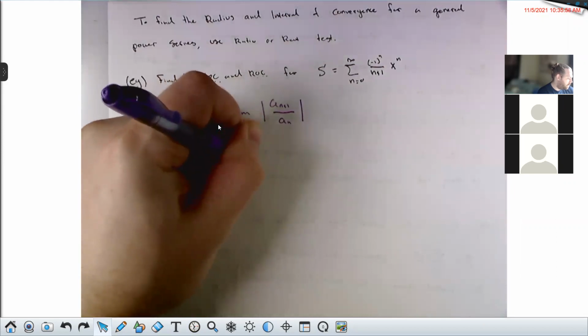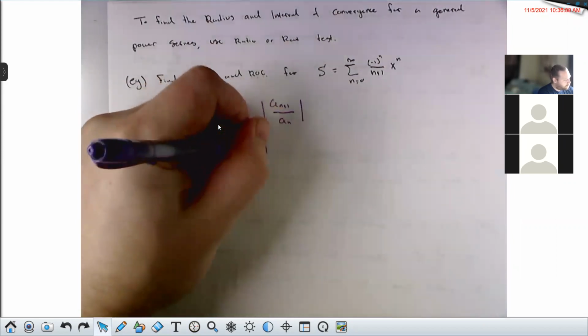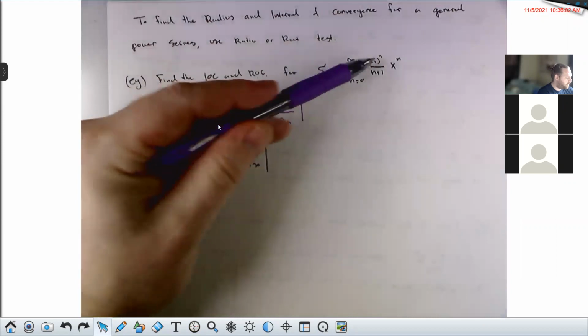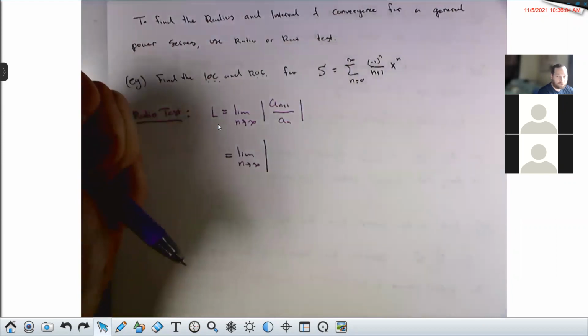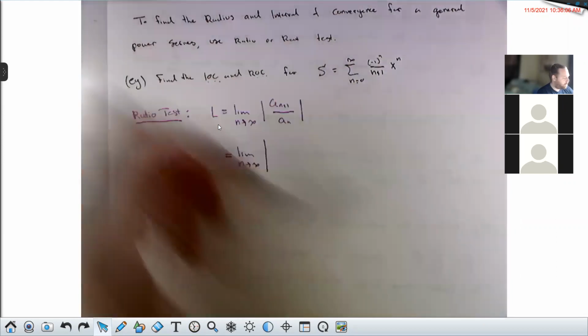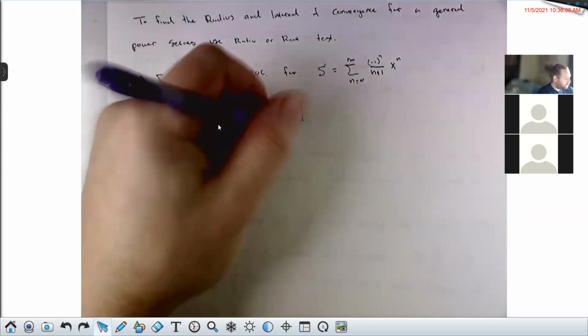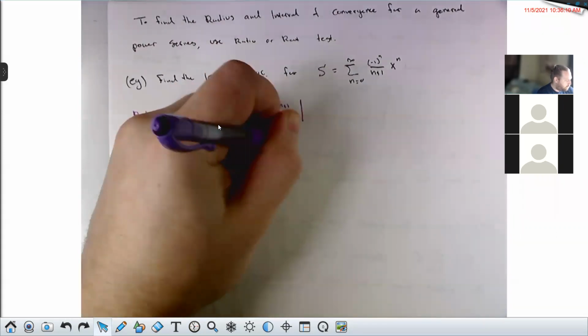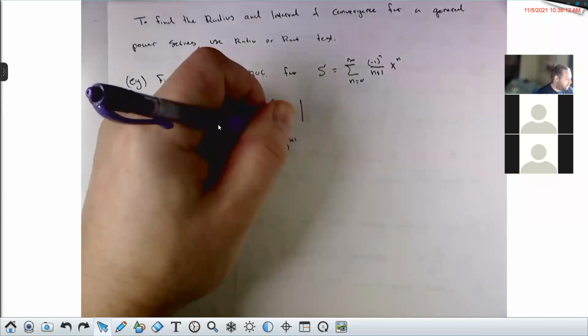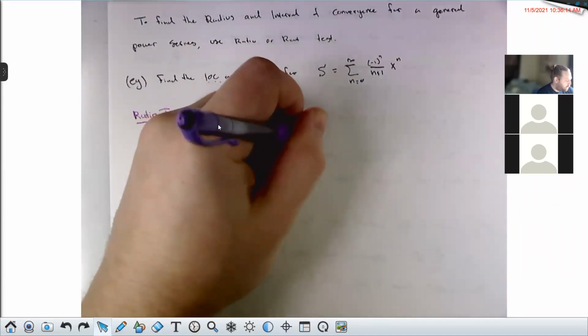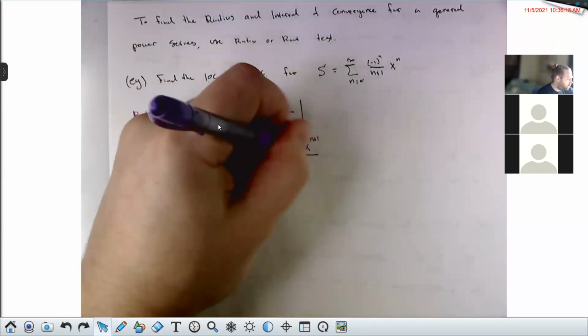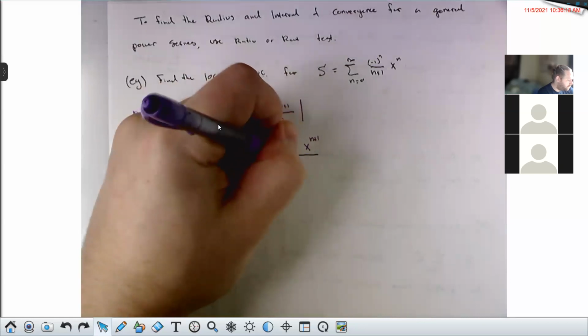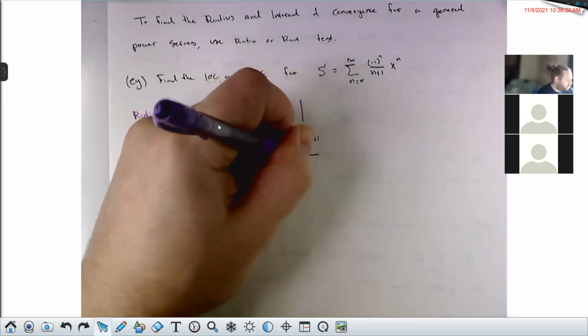This is the limit as n goes to infinity of the absolute value. Now what I'm going to do is write down a_(n+1) in here, and then I'll multiply by the reciprocal of a_n. Same thing we were doing last week. So a_(n+1) is (-1)^(n+1) x^(n+1), divided by n plus 1, which is n plus 2.